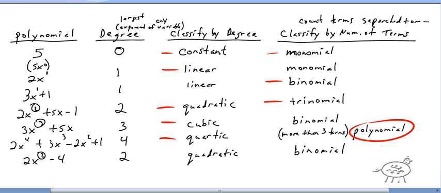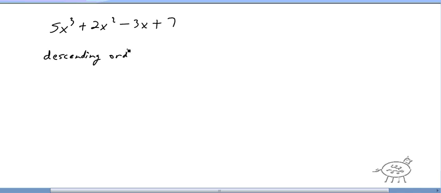All right, so let's talk about a few more things here. Okay, let me just give you an example. 5x cubed plus 2x squared minus 3x plus 7. Okay, a couple things. First of all, this is called descending order, and it's the largest exponent all the way down to the smallest.